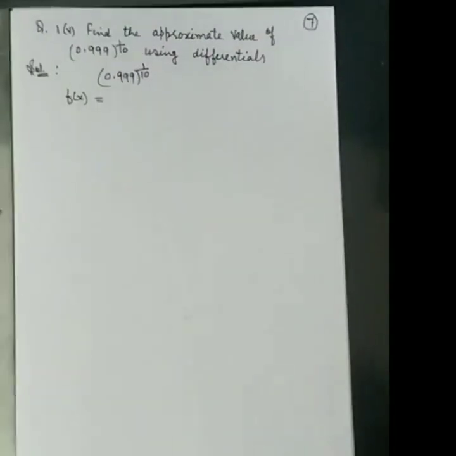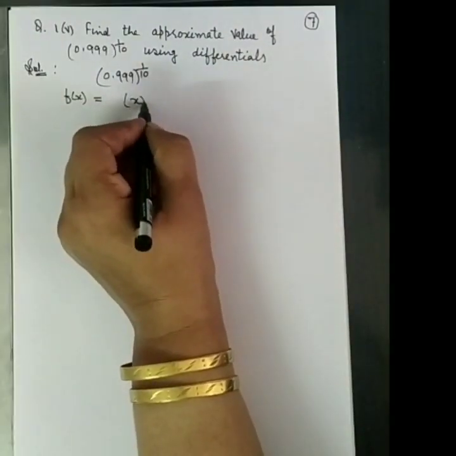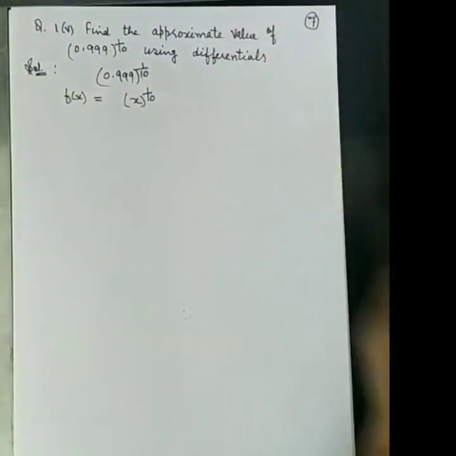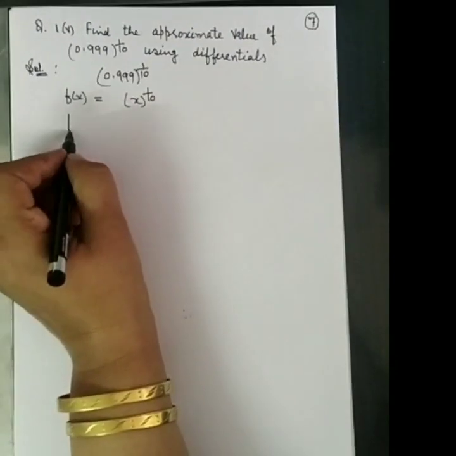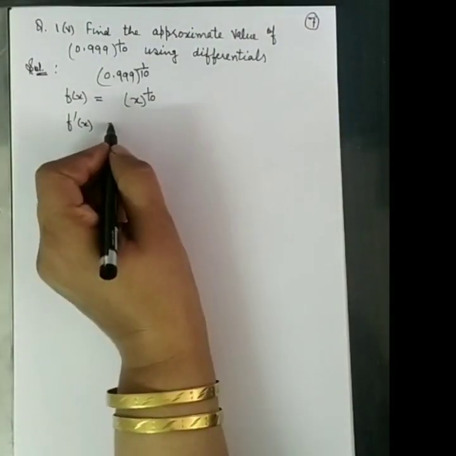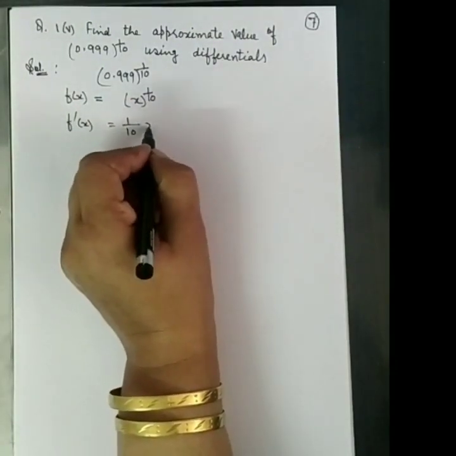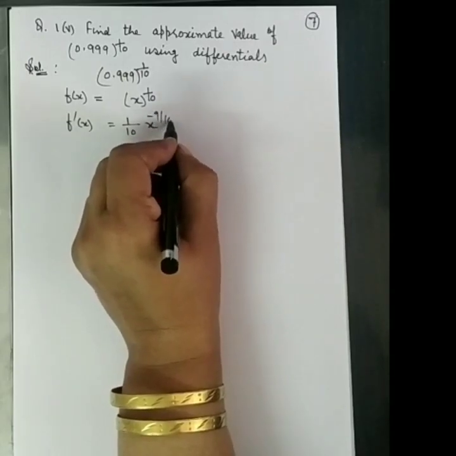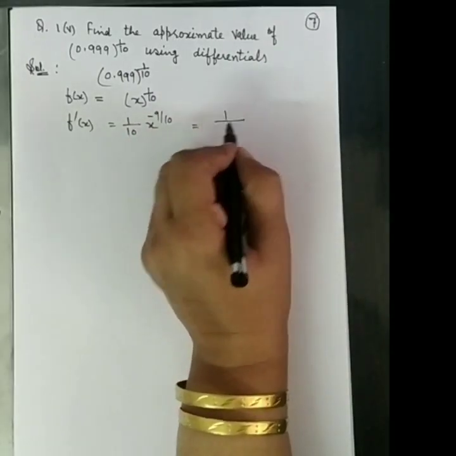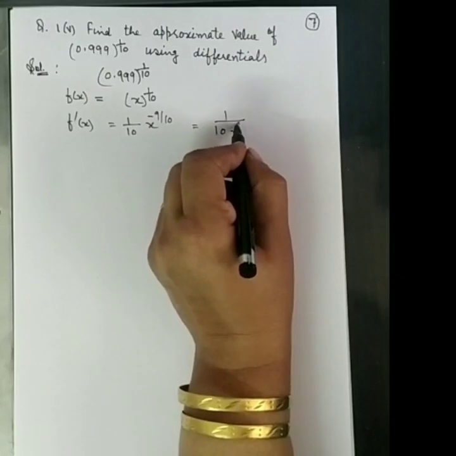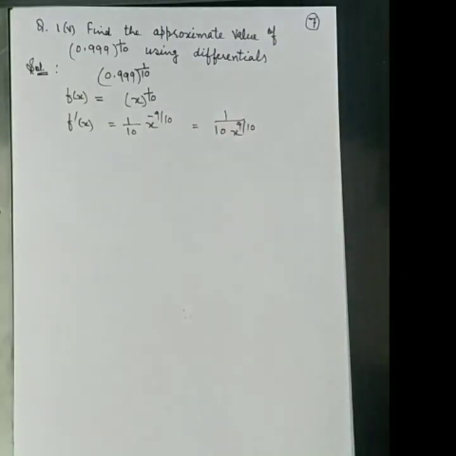Let f(x) be x raised to power 1 by 10. Now f dash x will be 1 upon 10 x raised to power minus 9 by 10, which is 1 upon 10 x raised to power 9 upon 10.